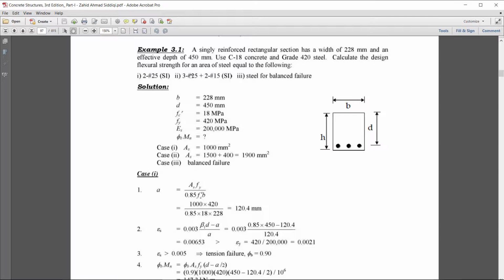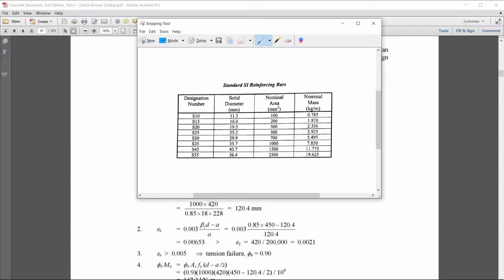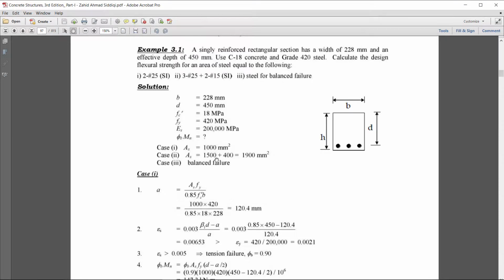Second case is 3 number 25 plus 2 number 15. 500 into 3 is 1500, and 15 bar is 200, so that will become total 1900 millimeter square. Third case is to calculate the moment capacity based on balanced failure. We will calculate the balanced steel, then we will calculate the moment capacity based on balanced failure.